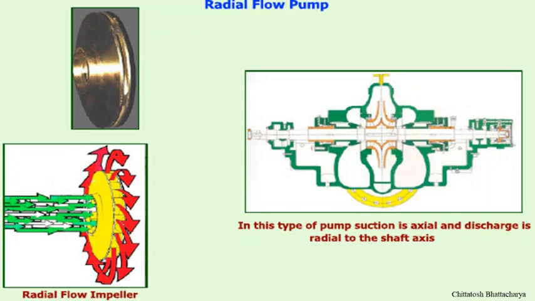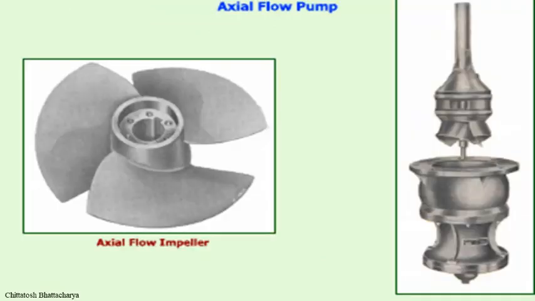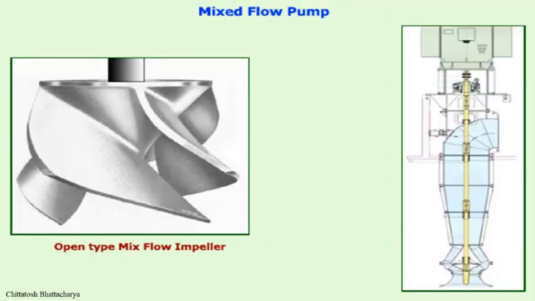Axial flow pumps are fitted with axial flow type impellers. These impellers suck the liquid along the axis and discharge it along the axis. So that's why these types of pumps are called axial flow pumps. In mixed flow pumps, the suction is along the axis, but the discharge is neither completely radial nor axial.